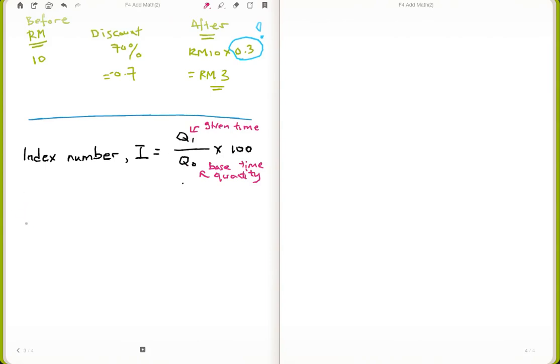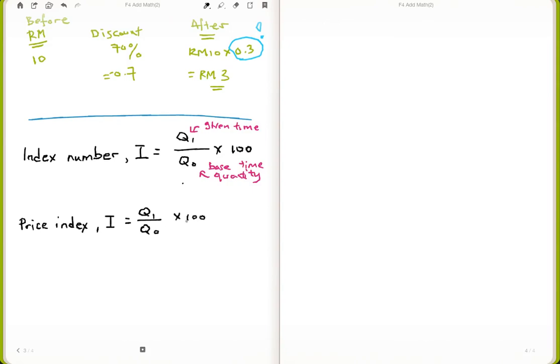Price index. Next will be called price index. I'll give an example later, but first bear with me with those terminologies. Price index is also I, because sometimes it's not price, sometimes they give you quantity, then you use the first one. If they give you price, increase, price decrease, then it will be Q1 over Q0 times 100.